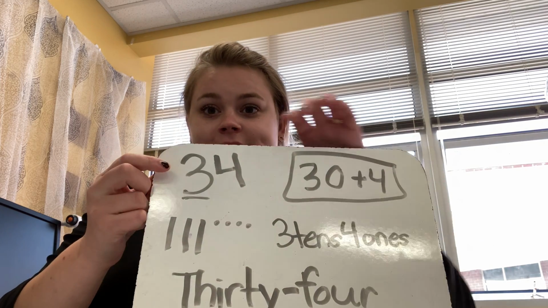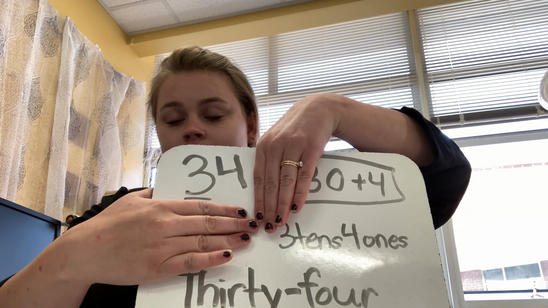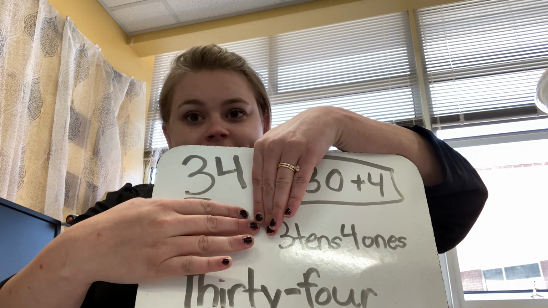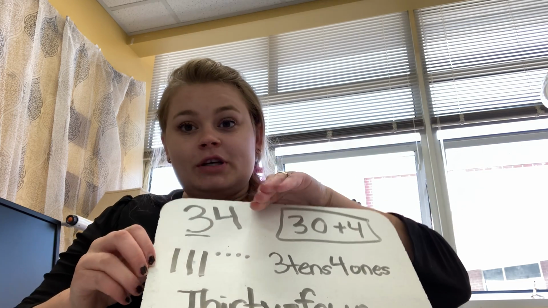So on each ice cream cone, you're going to see a number written in standard form. Standard form is this right here. It's the way that we normally see a number written. And then the ice cream scoops have that number written in a different way.